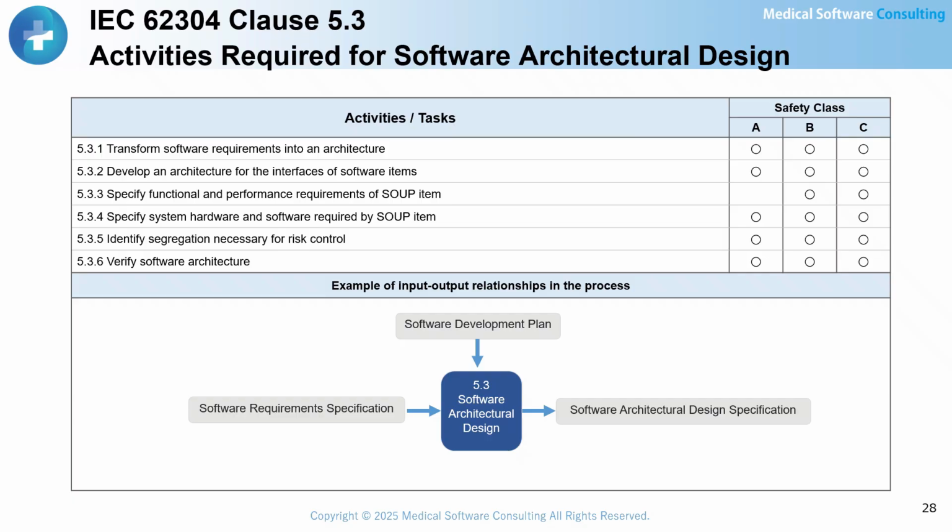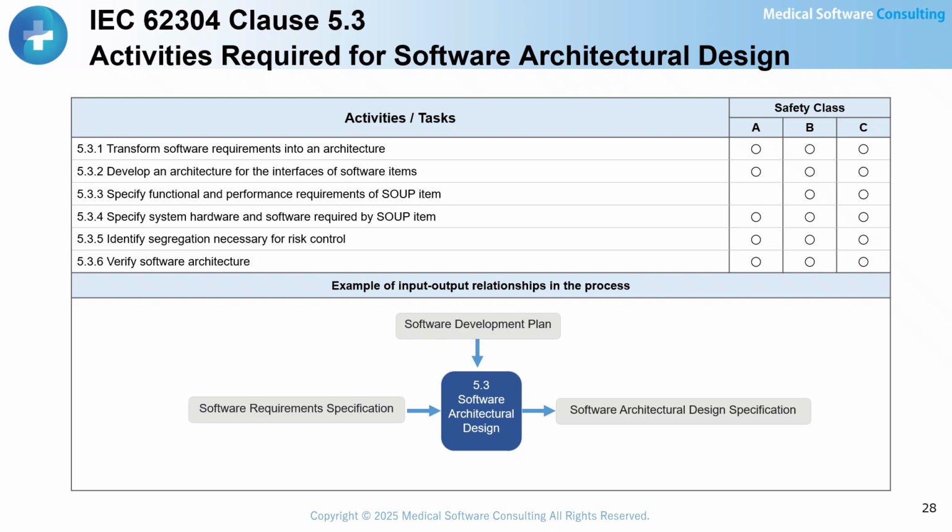During software architectural design, special attention must be given to software items classified as Safety Class C. We need to confirm whether these items are well separated from other software items, whether their responsibilities are cohesive, and whether their level of coupling with other items is kept low.